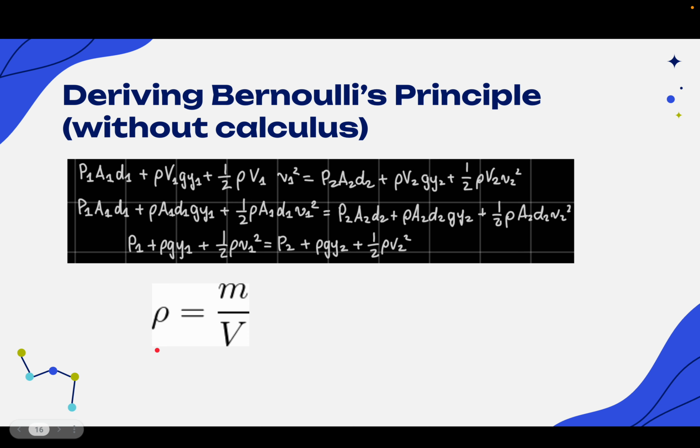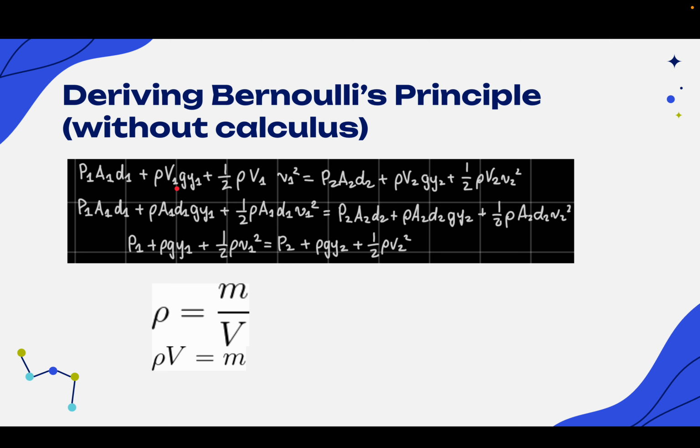If you recall the definition of density, it's mass over volume. So it's how much mass is in a set space of volume. If we manipulate this, we will get mass equals rho v. So we substitute the m's with rho v here, and we do the same for pretty much everything.